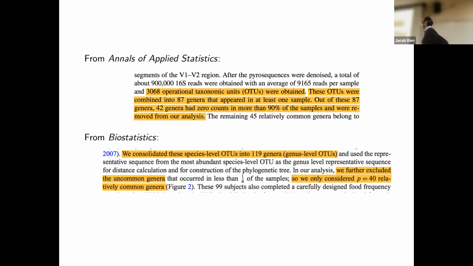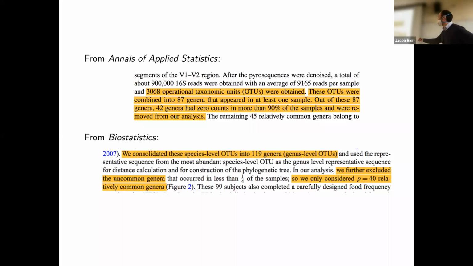In an Annals of Applied Statistics paper, they started with about 3,000 of these microbe types. Then they did that aggregation to the genus level, which gave them almost 90 genera. But they found that there was still a lot of rarity. So basically they removed about half of those. And so it's a very big reduction, from 3,000 features, this really high resolution thing, down to maybe about 40.